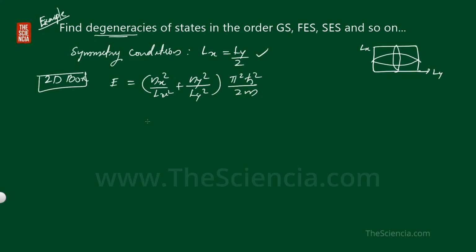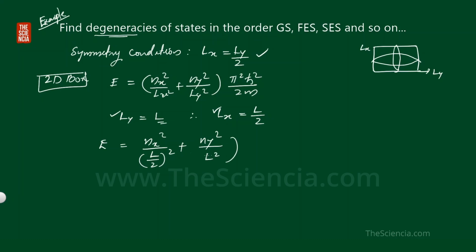Here I am going to consider Ly equal to L. Therefore, I can write Lx equal to L by 2. So I substitute Ly equal to L and Lx equal to L by 2 in this equation. That is, we get energy E equals nx square by (L by 2) all square plus ny square by Ly square, Ly is L, that is L square, into pi square h bar square by 2m.